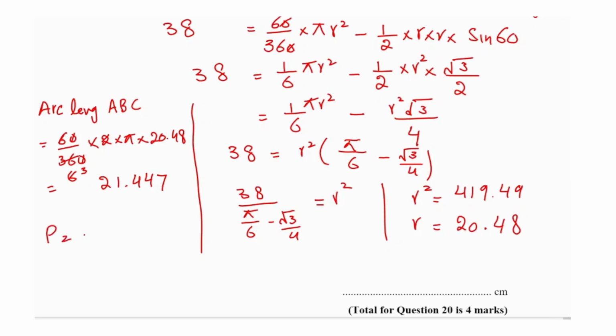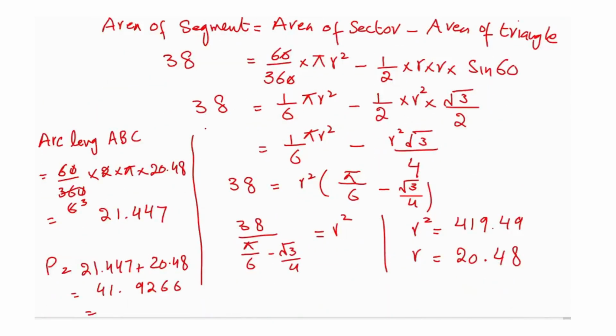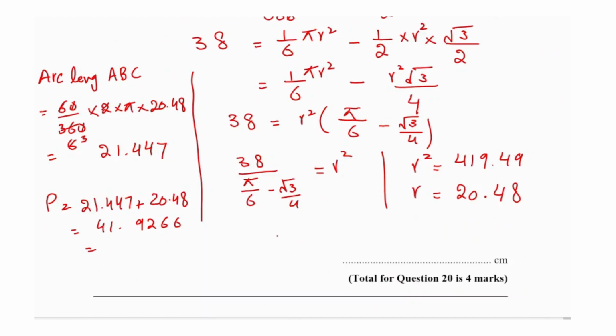The perimeter is equal to 21.447 plus 20.48, and we end up with 41.9266. But the question says, give your answer correct to one decimal place. So our final answer to one decimal place is 41.9 centimeters.